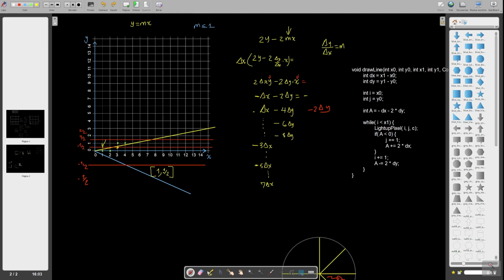And also, you may say, okay, but if this is always negative and this is negative, then I'm always going to evaluate to negative and I will always be below the line. But no, because now y1 is less than y0, this delta y is negative, turning all of these into positive. So it's practically the same logic.